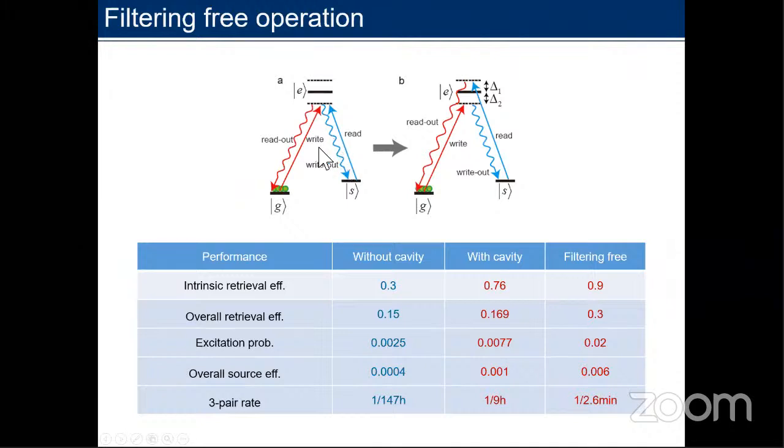So the frequencies are different, but at the same time there will be scattering in the same frequency due to, for instance, the reflection of the windows. So the red pulse itself will give rise to a lot of noise. Therefore we have to apply a frequency filter which has the same frequency as the read-out photon.